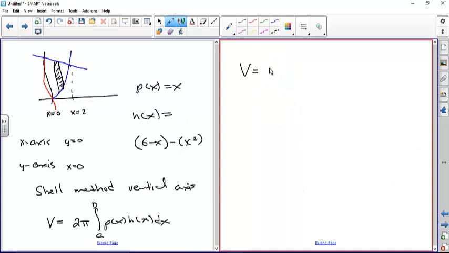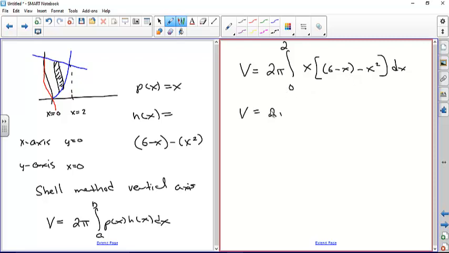So in our case, the x limits are from 0 to 2. P of x is x. H of x is 6 minus x squared, and the whole thing multiplied by dx. So that's the integral.